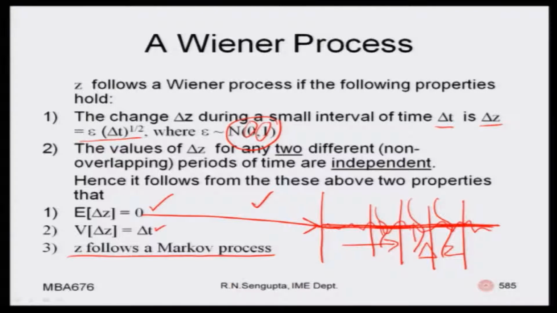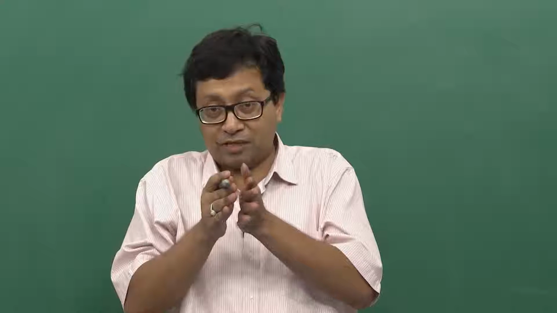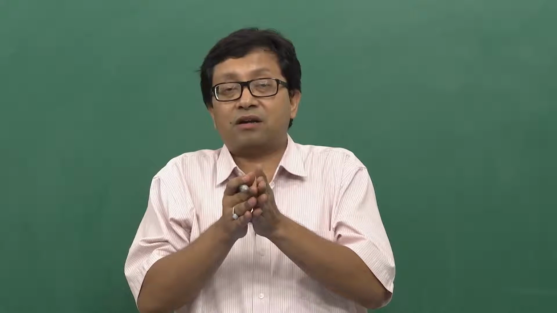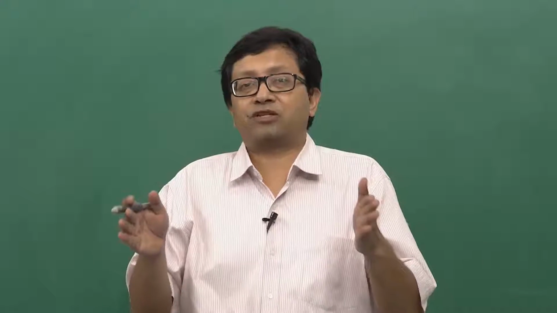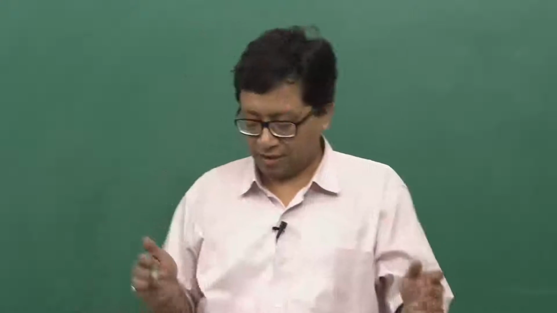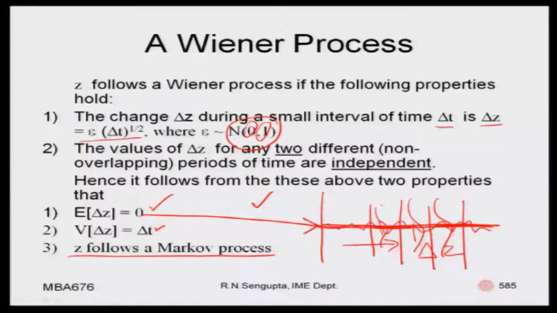So, for example, if you find out the differences further down the line, how big are the differences where you are trying to measure the variance of delta z? Say your time periods are this and in one other case the time periods are this. In this difference delta t obviously is more and in this case delta t is less.